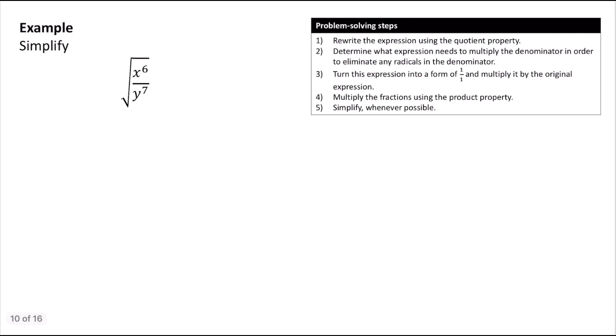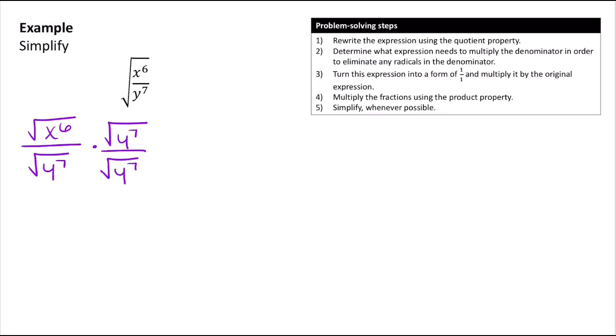So now let's try this example. I have the square root of x to the 6th over y to the 7th. I'm going to start off using the quotient property to separate this. So I have the square root of x to the 6th over the square root of y to the 7th. Now I need to turn that y to the 7th into y to the 7th squared. So I can multiply this by the square root of y to the 7th over the square root of y to the 7th.